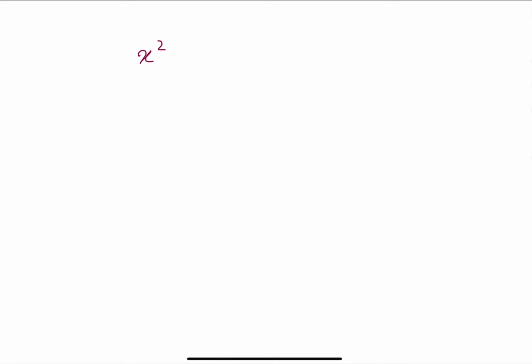Now let's take a look at a different type of quadratic equation. Take for example x squared plus 24x equals 25. We want 0 on one side of the equation, so we take away 25 from both sides.